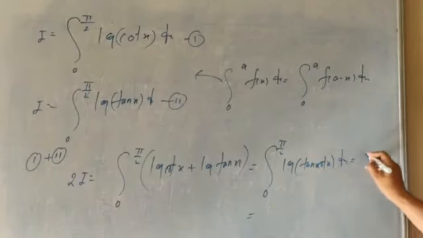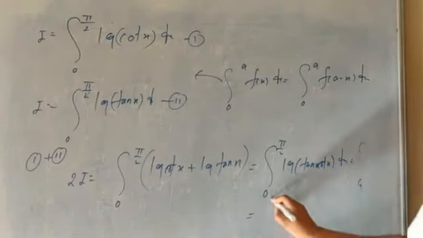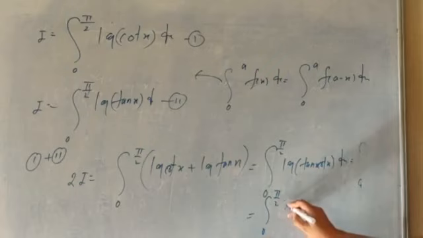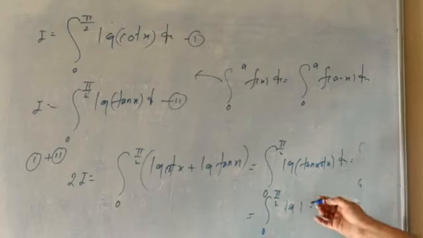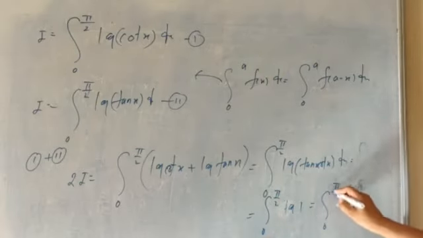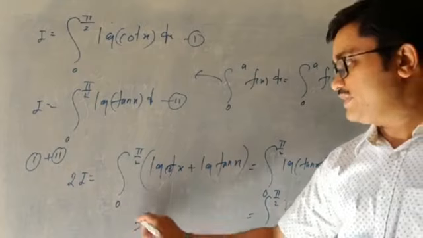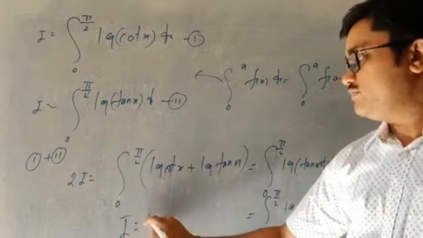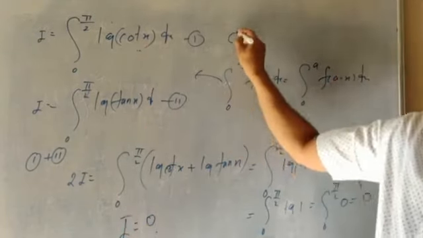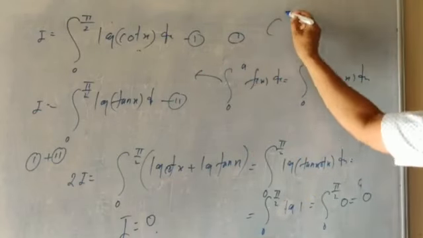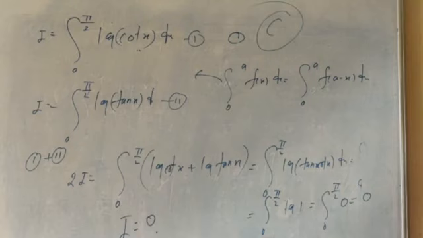It is log of 1, because we know tan and cot multiply to 1, and log 1 is 0. So it is the integration 0 to pi by 2 of 0. If 2I is equal to 0, obviously I is equal to 0. So the answer of this should be 0. Okay, just see if that option is there. That is option C. So C should be the answer.